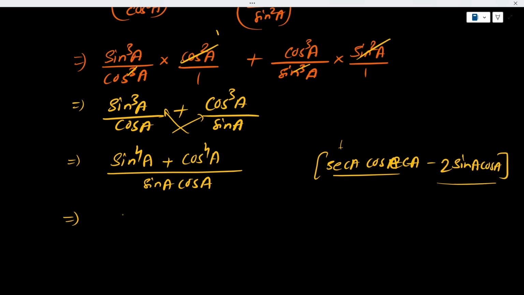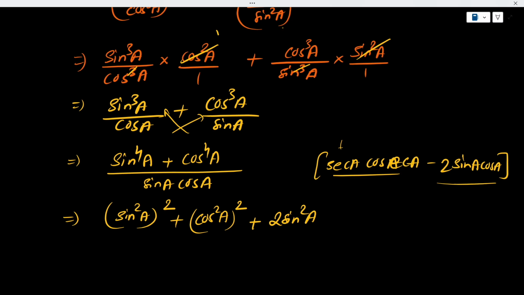Because I need a plus b whole square, and this is a perfect square, can I write it as sin square A whole square plus cos square A whole square? Now to get a plus b whole square form, I'll add 2 sin square A cos square A, because sin square A is your a and cos square A is your b, so the 2ab term is 2 sin square A cos square A. This is the extra thing I have added, so the same value I have to subtract.